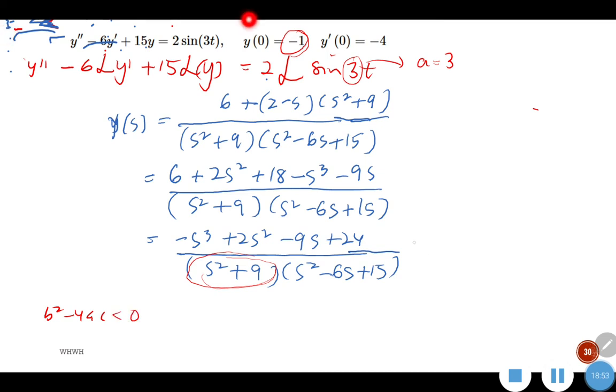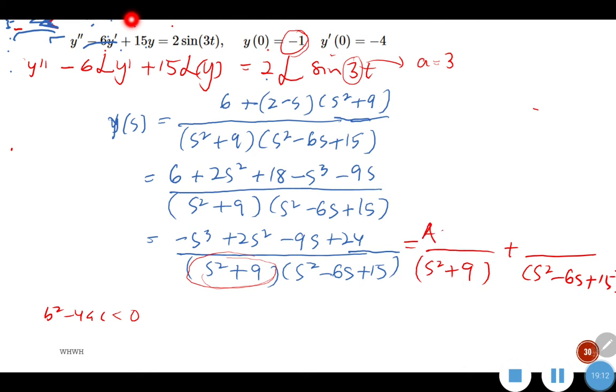So we are now to separate this into two terms. One is s square plus 9, the second term is s square minus 6s plus 15. Alright, so from here we factorise it into what? A s plus b for the first, and for the second term, not a s plus b. Since this one is s square, we start with a s square plus bs plus c, right?